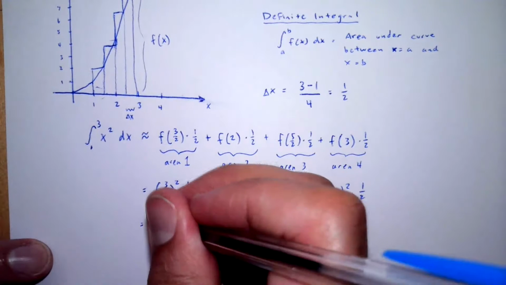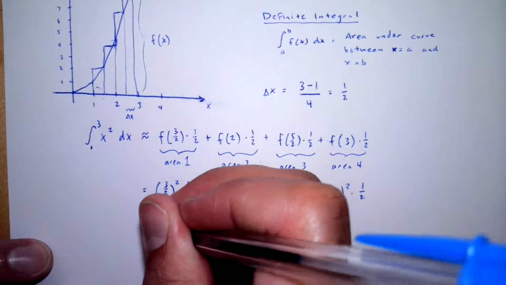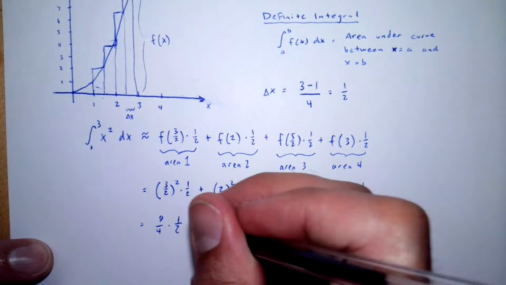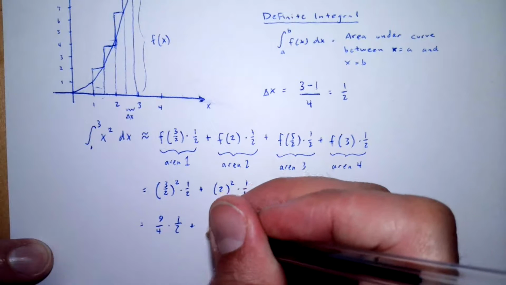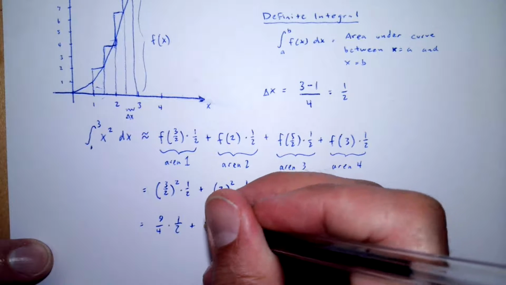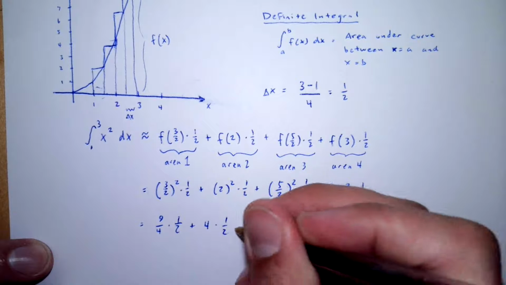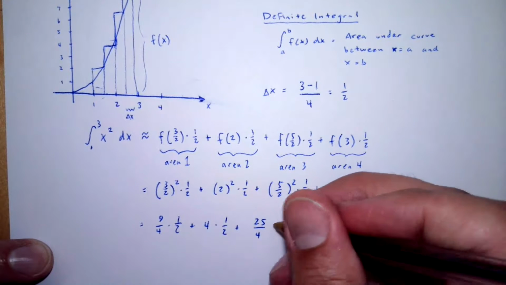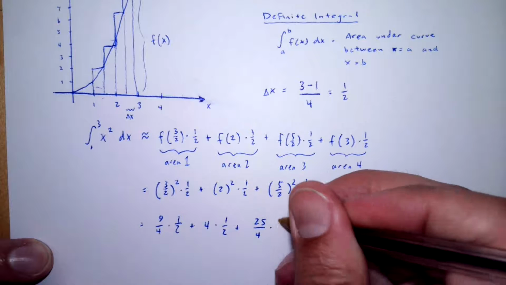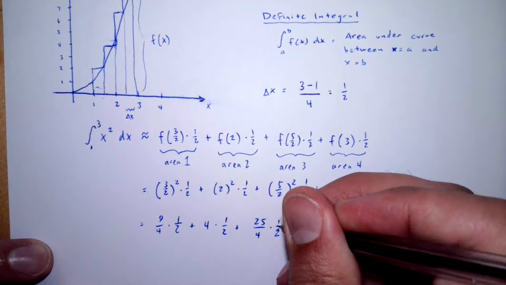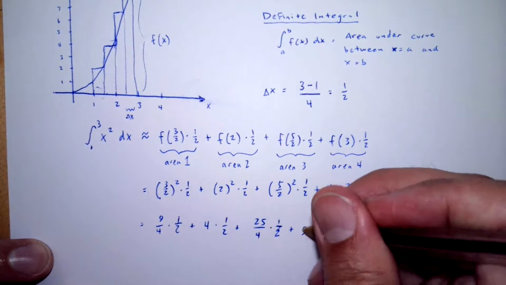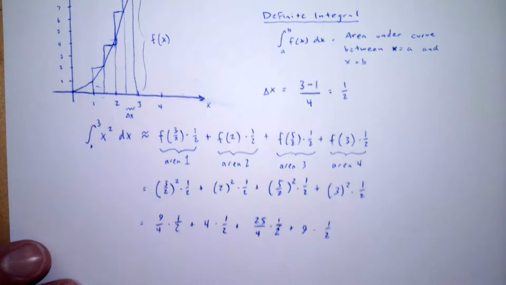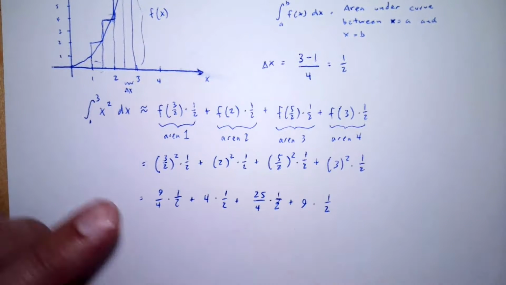Let's just simplify here. 9/4 times 1/2 plus 4 times 1/2 plus 25/4 times 1/2 plus 9 times 1/2. And then let's see, we need common denominators here.